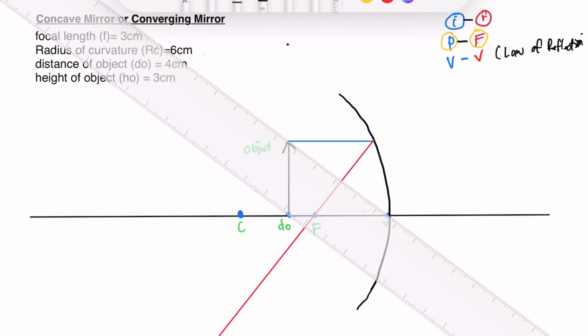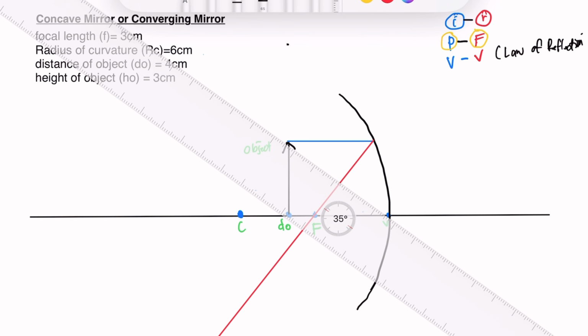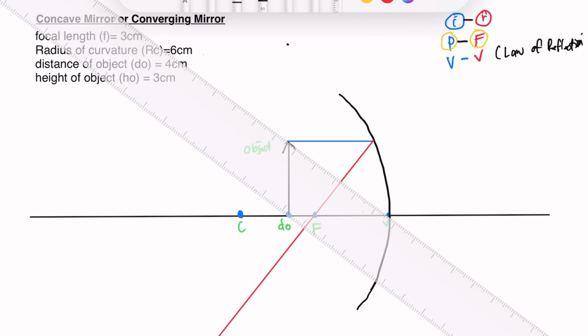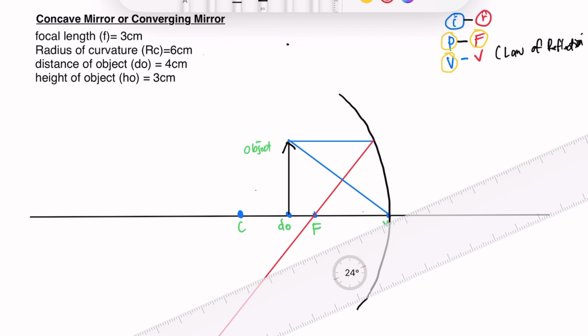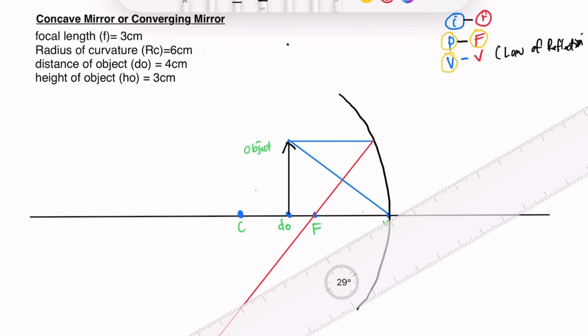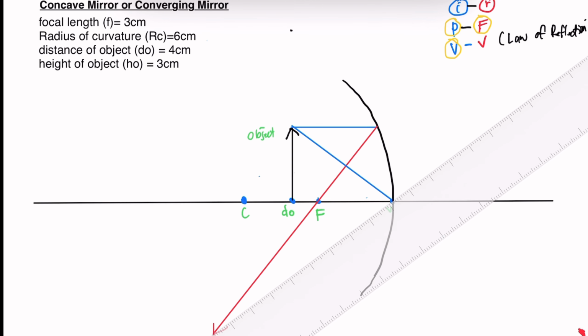So let's have our incident ray from the topmost part of our object moving towards the center of the curved mirror, which is the vertex. That's why it's called VV, because it will be reflected coming from the center. So let's measure again this 36 here. The reflected ray comes from the center of this mirror.